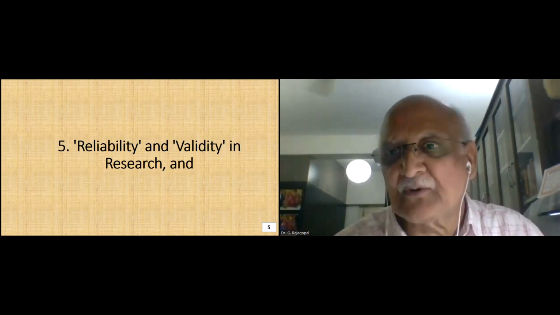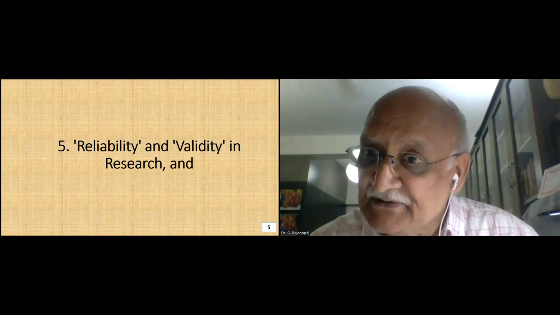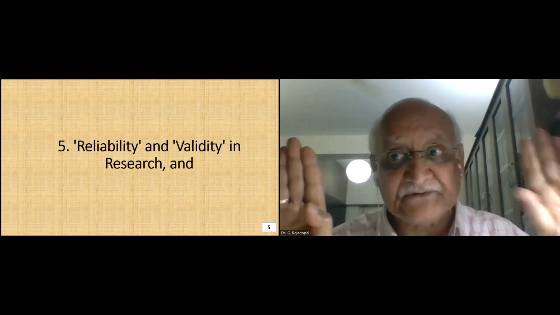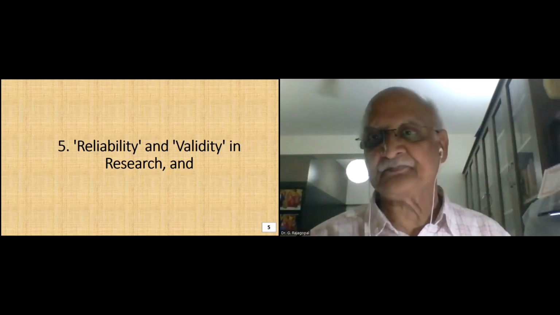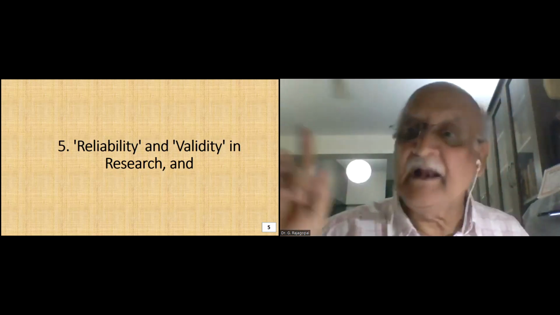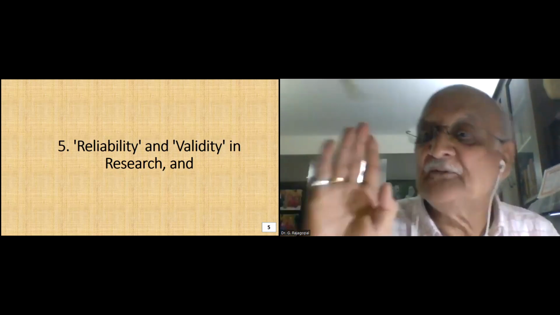When you follow this in Guntur district, you should get the same result. And you should know where the result is the same, where it is differing, and so on. If it brings out a similar result procedurally, it is reliable. Therefore, both validity and reliability are very critical for research.